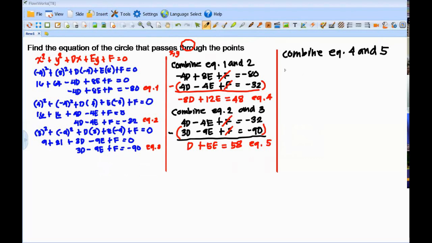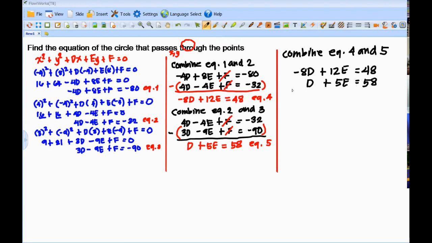So let us write first equation 4: negative 8D plus 12E equals 48. Here, D plus 5E is equal to 58.